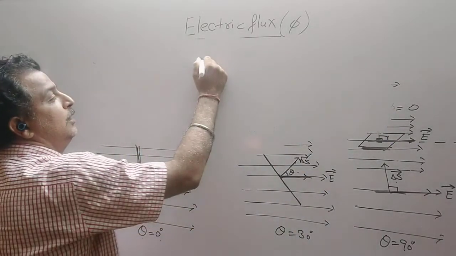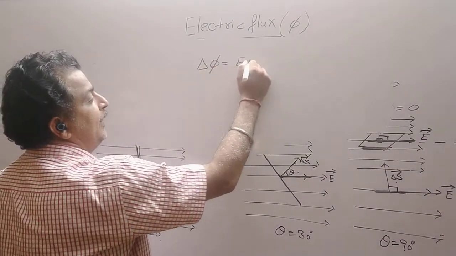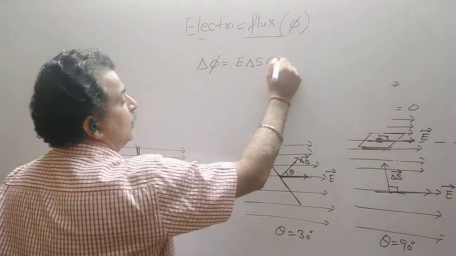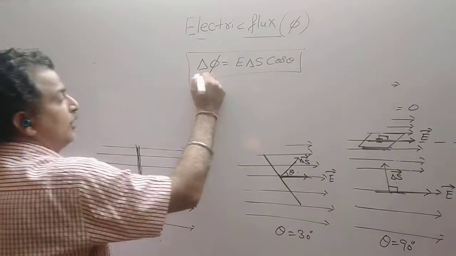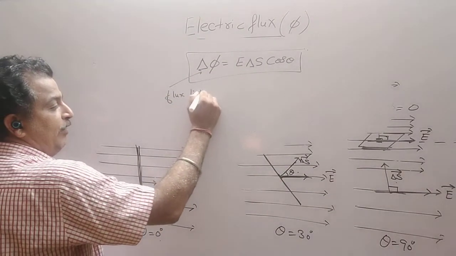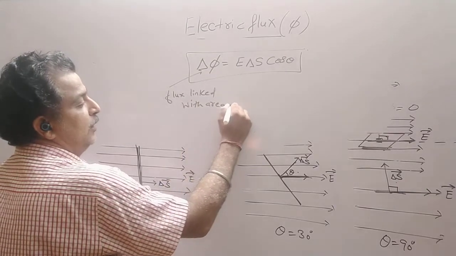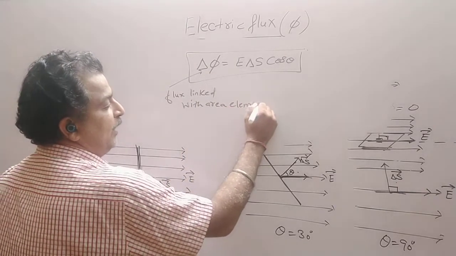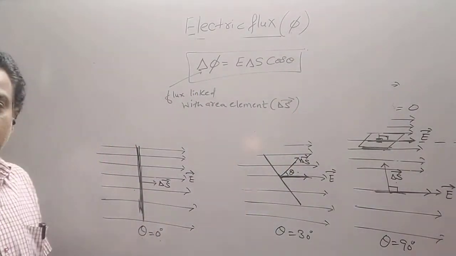So the general formula is delta phi equals E delta S cos theta. This is the general formula for the flux linked with an area element, the flux linked with area element delta S vector. This is for a small element.